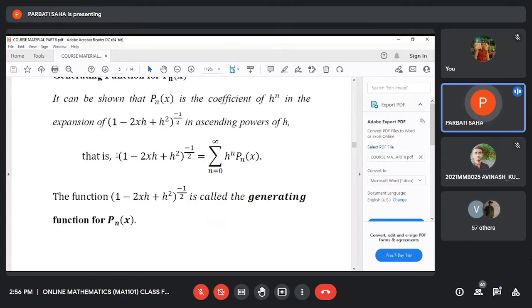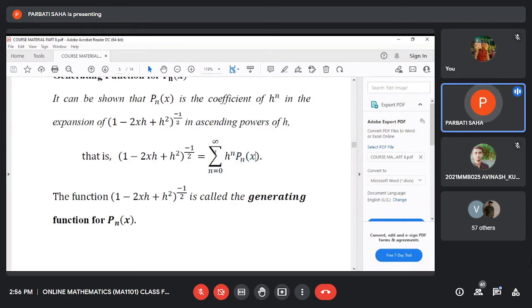In this case we say this (1 minus 2xh plus h squared) to the power minus half is called the generating function for Pn(x). If it is the generating function for Pn(x), then it should be written as this: equals the summation of h to the power n Pn(x), where Pn(x) is the coefficient of h to the power n.